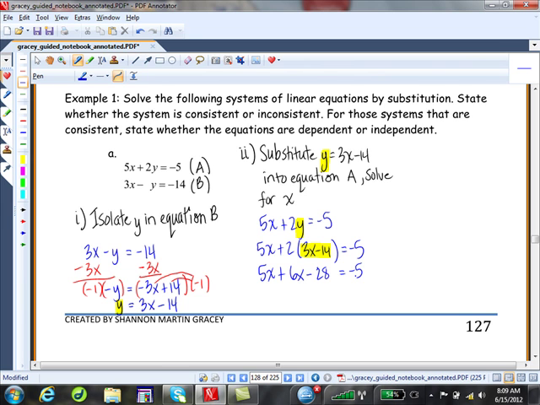Oh, you know what, guys? Remember, you're supposed to stop me when I make up my own math. I'm looking over here. See how we had 3x minus y is -14? Bad teacher, right? So let me make some adjustments.